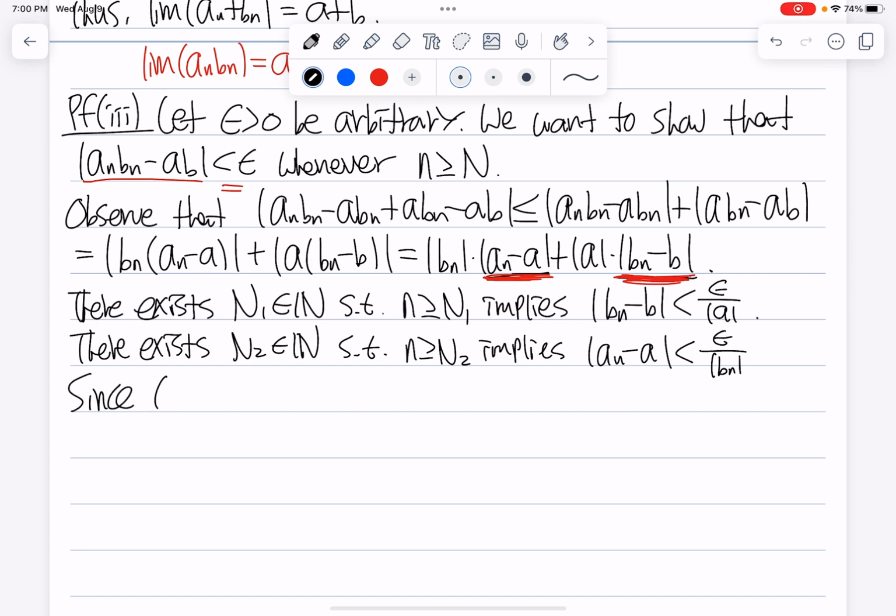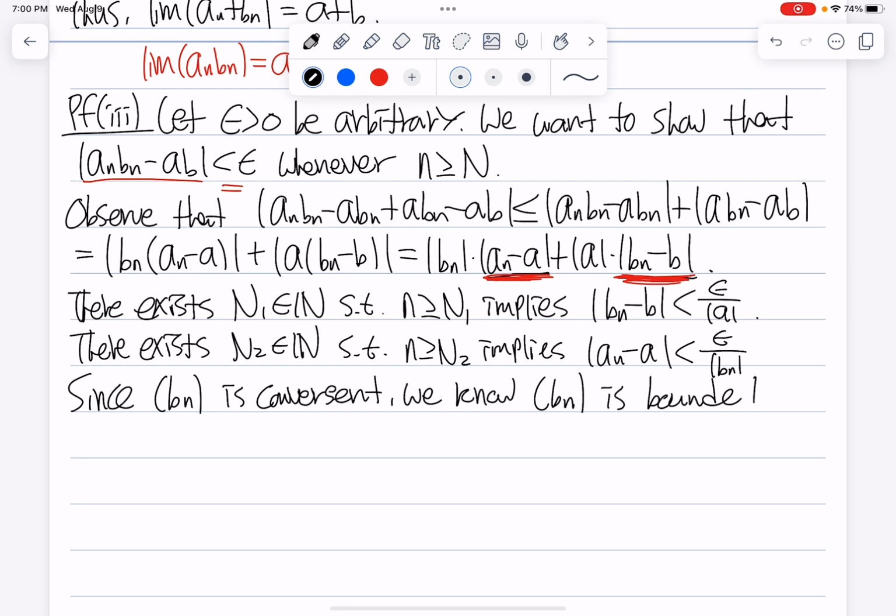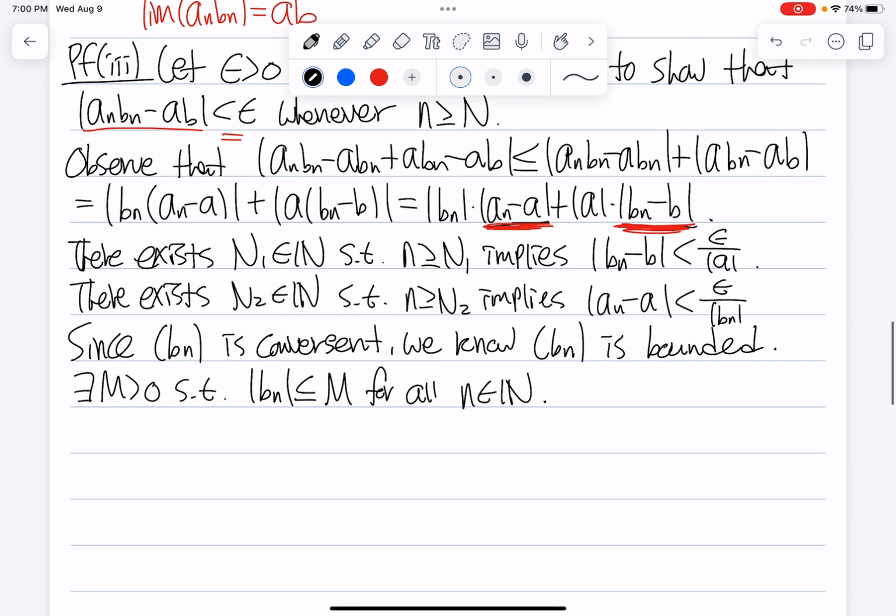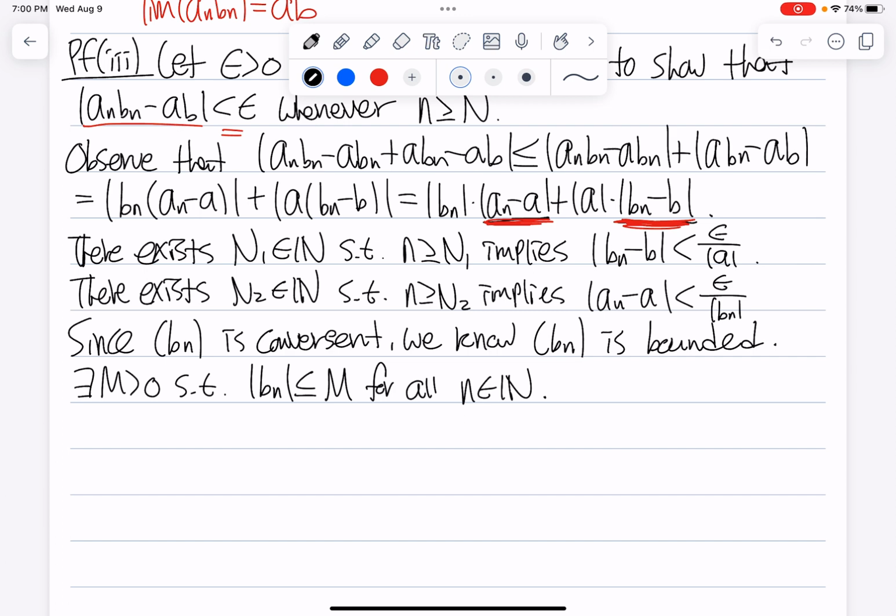Since the sequence bn is convergent, we know that bn is bounded. And that is from the theorem we proved before: every convergent sequence is bounded. So there exists M greater than 0 such that the absolute value of each term of bn is less than or equal to M for all n in the natural numbers. Well, then we can use this M as a bound for |bn|.